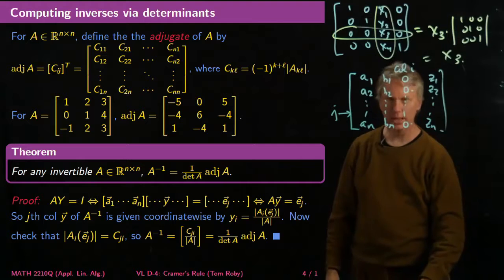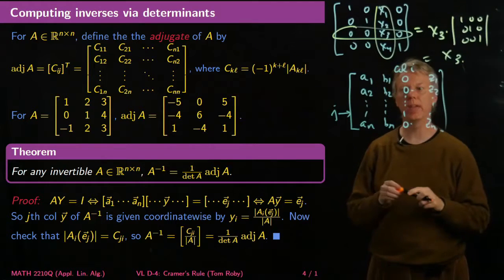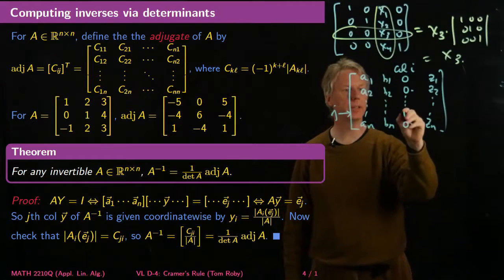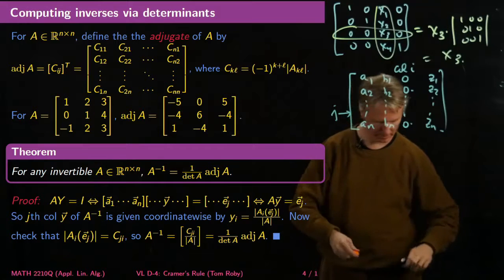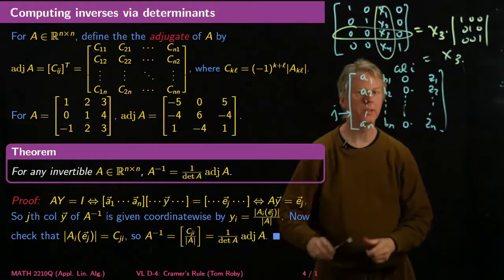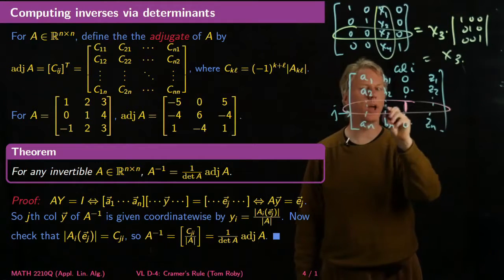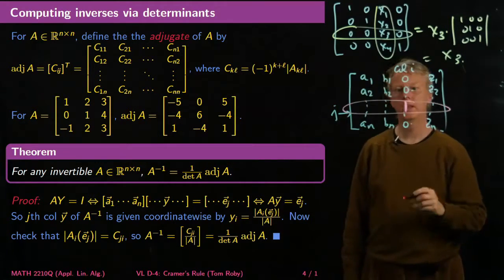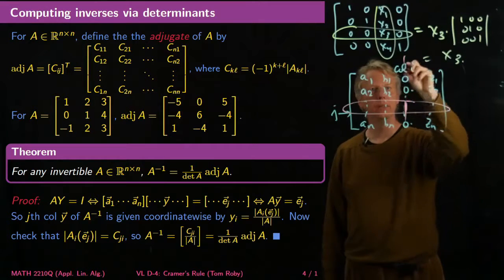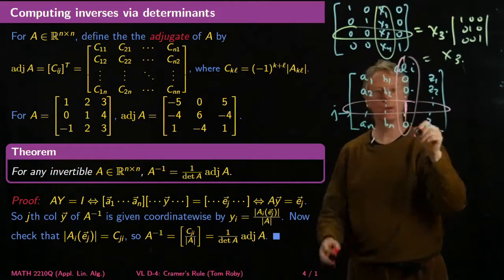And so now, what happens when I take the determinant of that? Here I am in the jth row, so I'm deleting this row and this column.